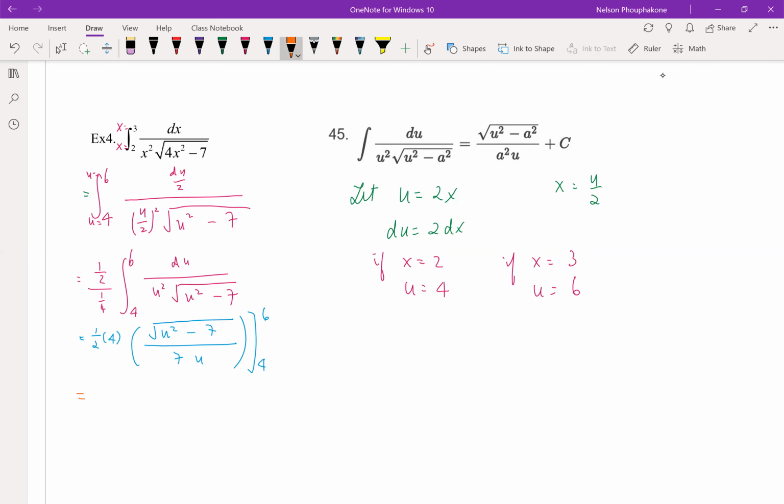And now I will have 2 times square root of 6 squared minus 7 over 7 times 6 minus square root of 4 squared minus 7 over 7 times 4.